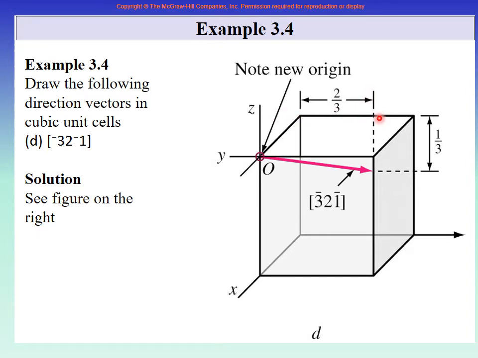And from there, in the z you move down, minus 1 by 3. So they are showing you that from here, in x you moved minus 1, in y you move plus 2 by 3, in z you move minus 1 by 3. So this is your final point. This is your origin, this is your final point. So this is your direction vector, and the correct numbers are bar 3 to bar 1.